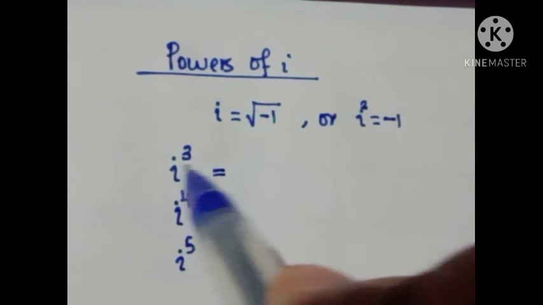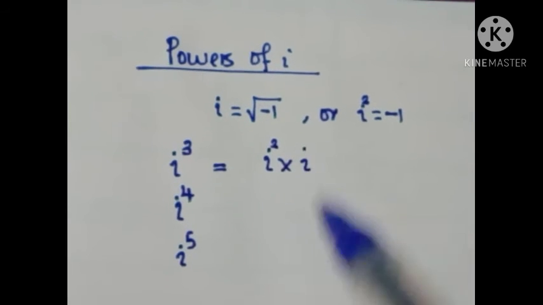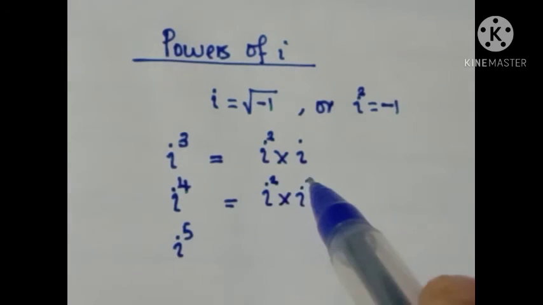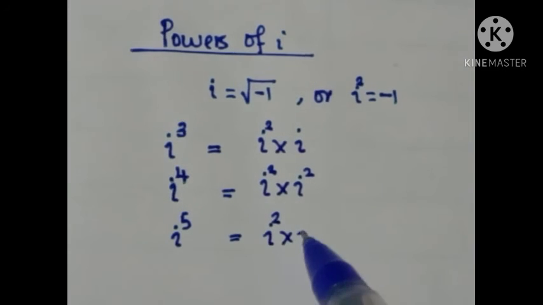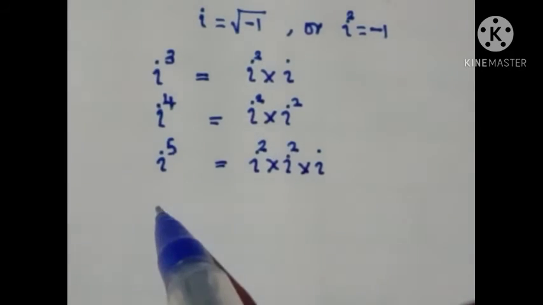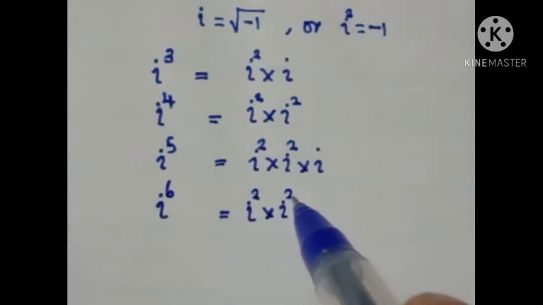So listen, in this case we can write i cube as i square into i, i raised to 4 as i square into i square, and i raised to 5 as i square into i square into i. We can convert all the powers of i into i square.